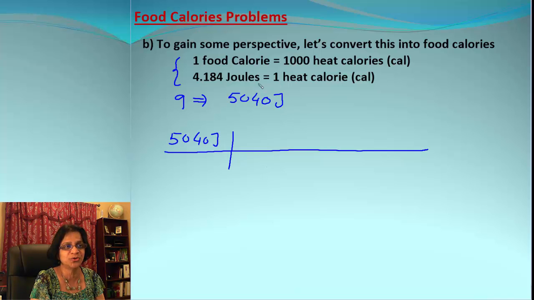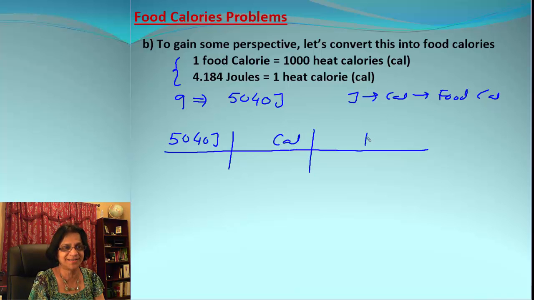From joules, you're going to go to calories, and from calories, we can go to food calories. Once we have our roadmap, we can put the values here and cancel the units crisscross, and then plug in the values from the equations.